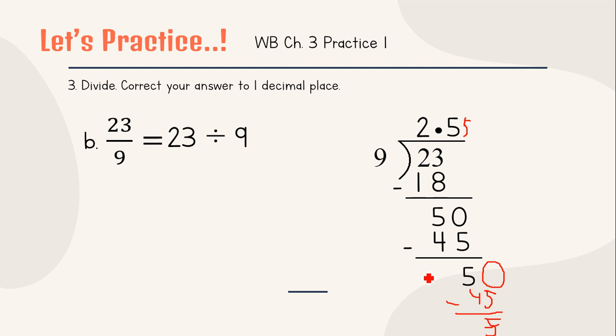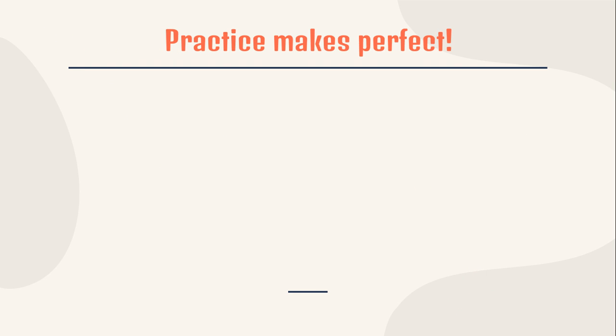It will only end with 5 as a remainder. And then we will have 23 divided by 9 as 2.5555555 and so on. It is unlimited. So because of that, we're going to round it to 2.6. So the answer will be 2.6.